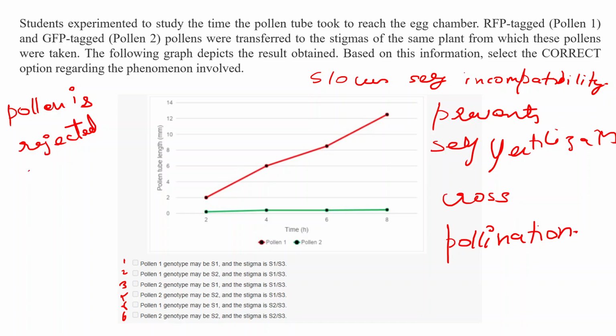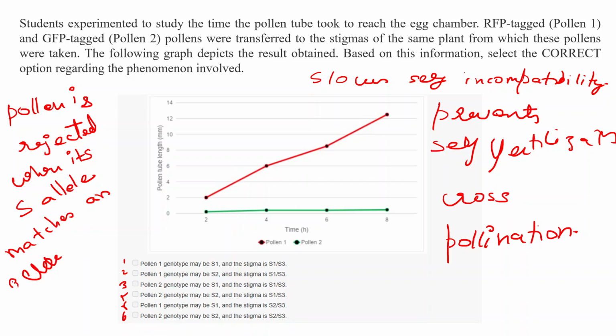Pollen is rejected when its S allele matches an allele in the stigma.